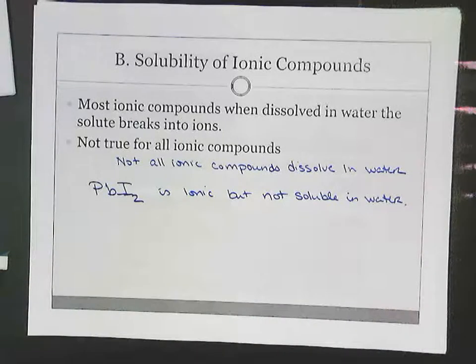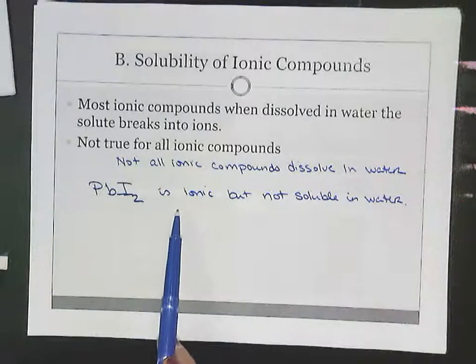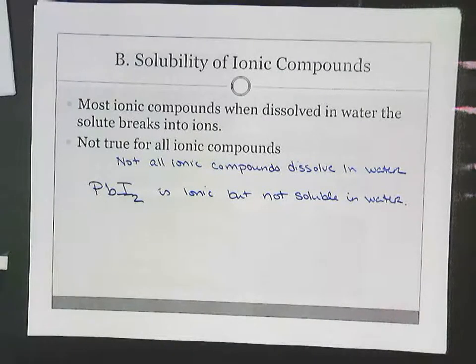Because it's so ionic, right? When we talked a few minutes ago about whether or not the two ions would prefer to stay together or prefer to float apart, the lead and iodide prefer to stay together. The water doesn't have enough ionic strength to pull them apart, so they're stuck. So even though it's ionic, they prefer to stick together.